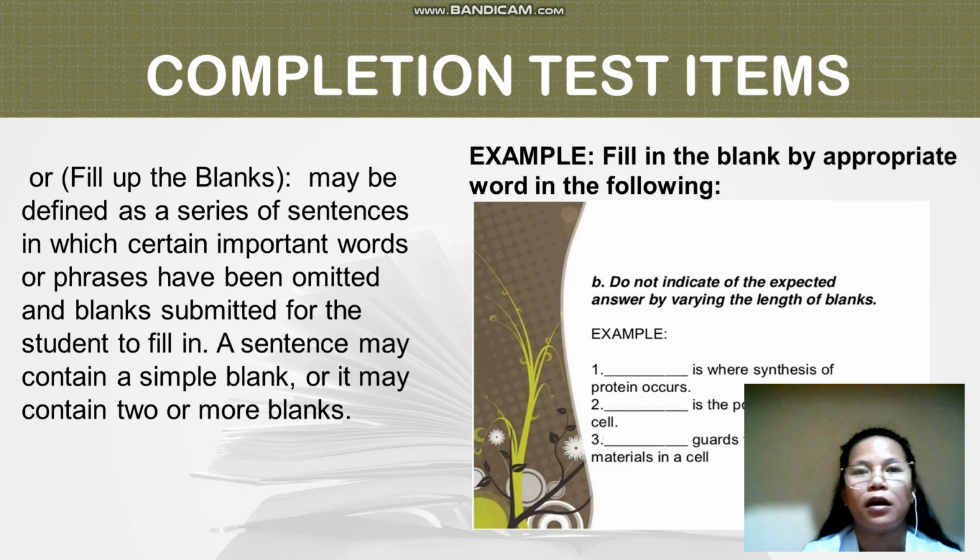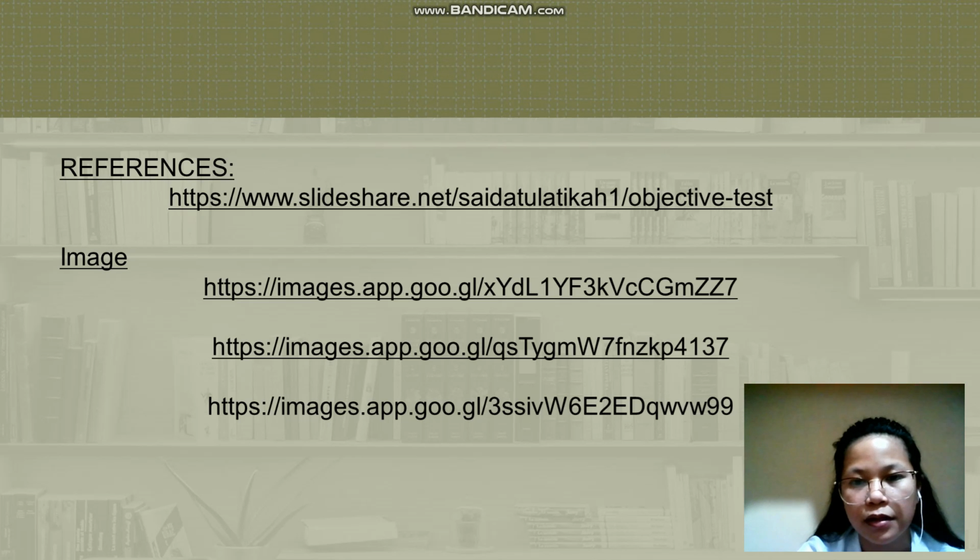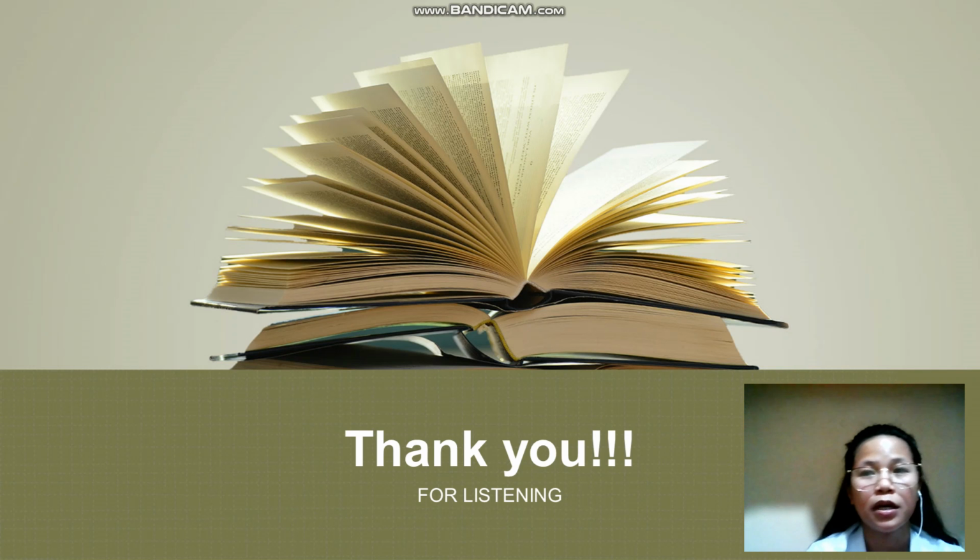And this is the reference of my topic. We all experience these different types of objective tests from grade school until now. But some of the professors give subjective types of tests for their exams or quizzes.